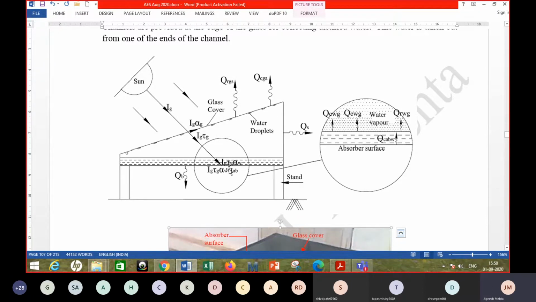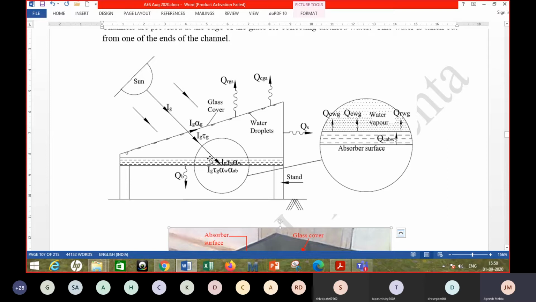And then the absorber layer again has its own absorptivity. So what is absorbed in the absorber layer is Ig into tau g into alpha w into alpha ab, that is the absorptivity of the absorber surface. That is what gets converted into heat.